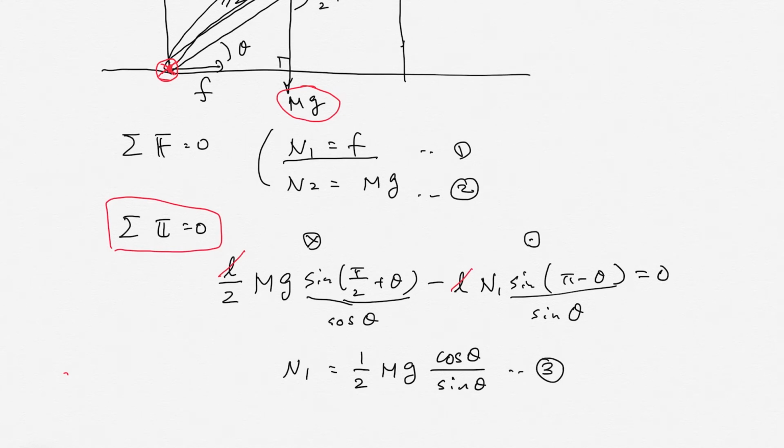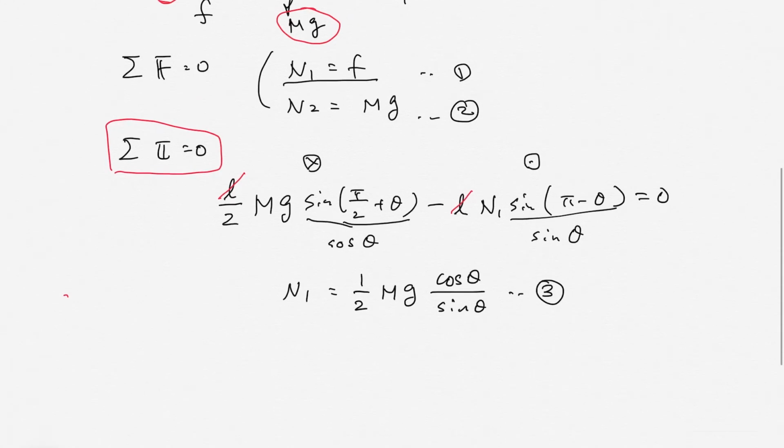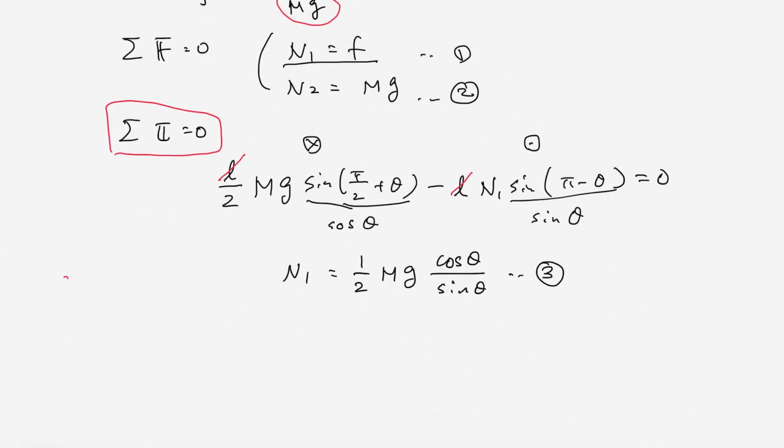For static equilibrium, the friction actually has to satisfy a condition. Friction F has to be smaller than or equal to mu times N sub 2.